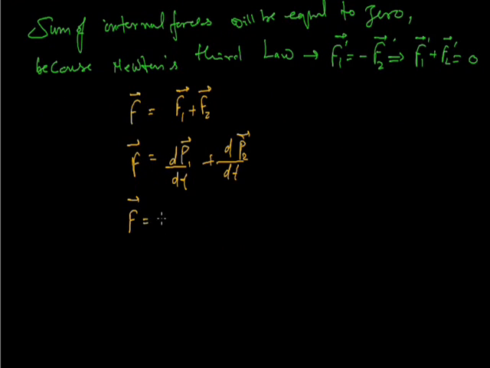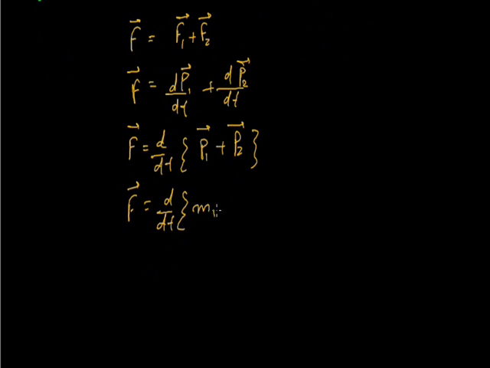F vector is equal to d by dt of P1 vector plus P2 vector, which is d by dt of m1 v1 vector plus m2 v2 vector.